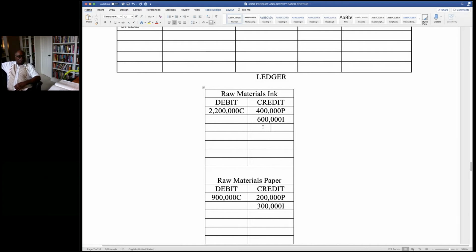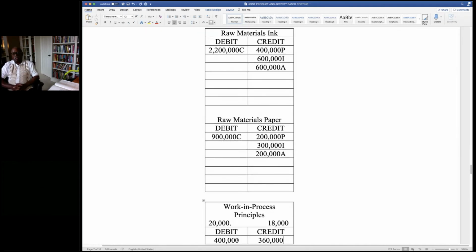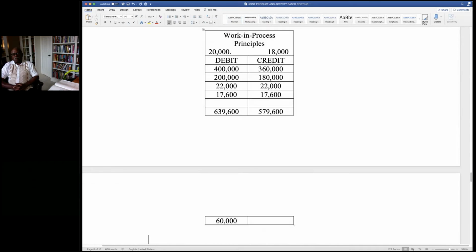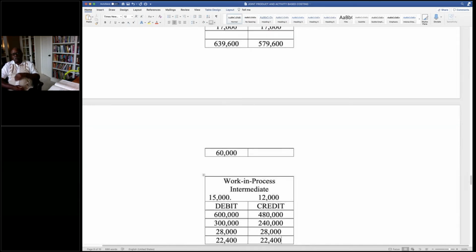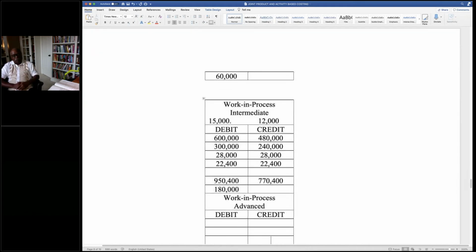Okay, so posting that to the T chart. $200. And then we're gonna do our work in process and cash for the amount we paid the workers.